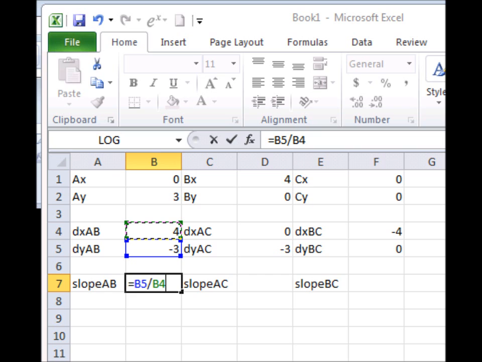So to find the slope of line AB, we're going to type in the formula equals B5 divided by B4, which is equivalent to dyAB over dxAB. When you hit return, that gives you the slope of line AB.